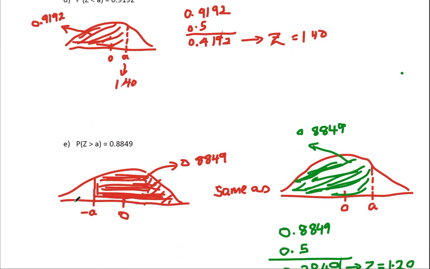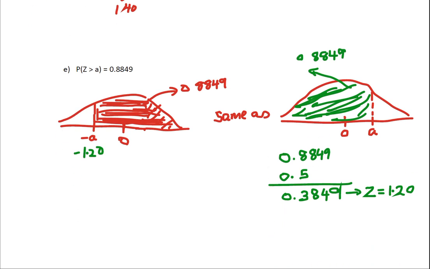Therefore, since we recognize that the original value of A would be a negative, our answer is actually going to be negative 1.20. Positive 1.20 would be the value right here when we flip the curve, but we still have to find out what that negative value is, whereby the area to the right would give us a probability of 0.8849.